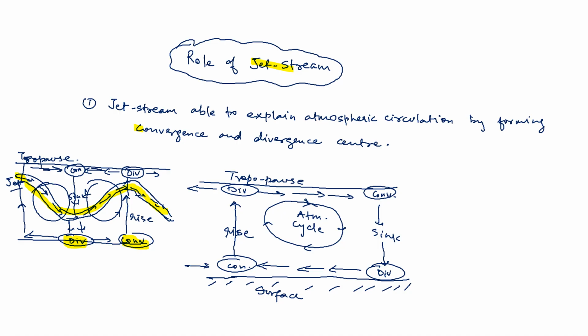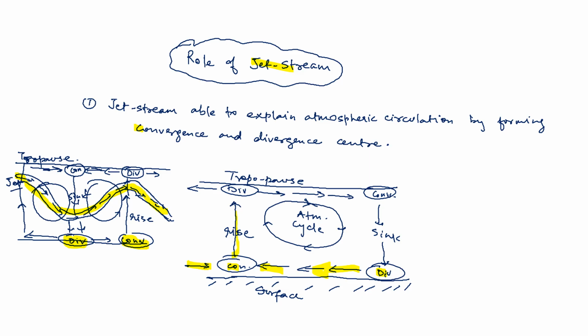Because of this, a convergence-divergence series is produced on the ground as well as in the upper atmosphere, so air starts circulating between two convergence centers and two divergence centers. Suppose the convergence center on the ground is attracting air from outside. Divergence centers on the ground produce a downward or outward flow of air. So that means from divergence, air goes to the convergence center.